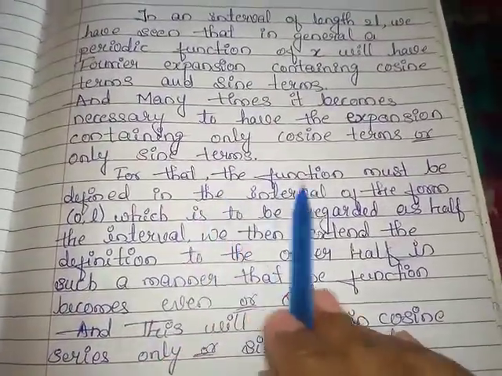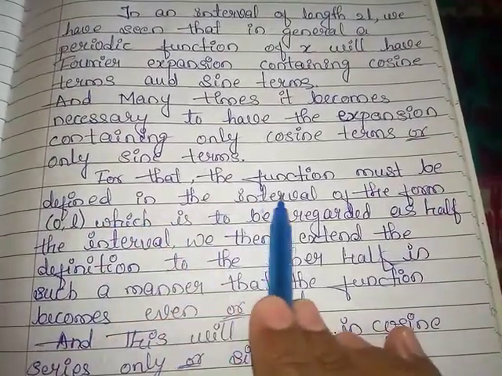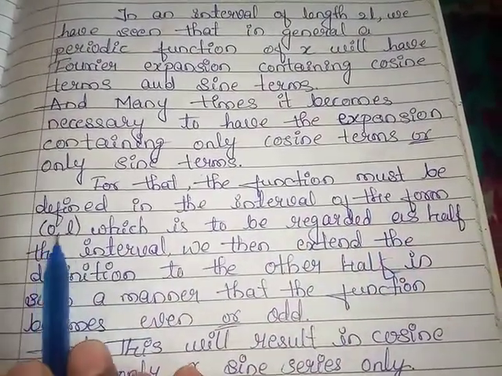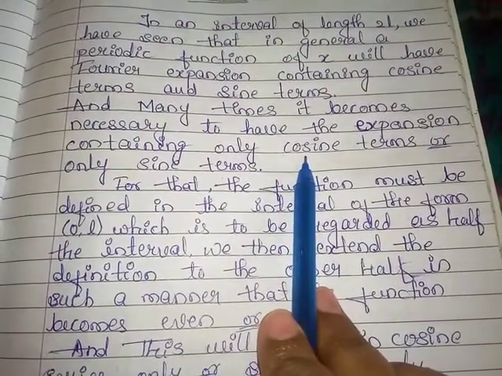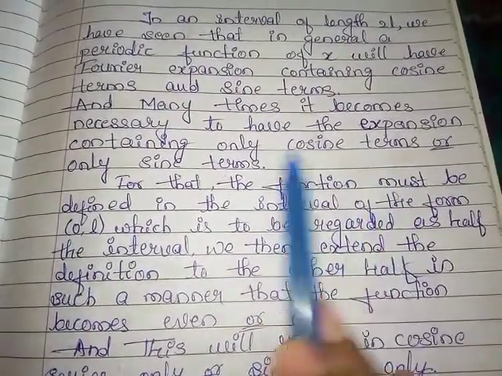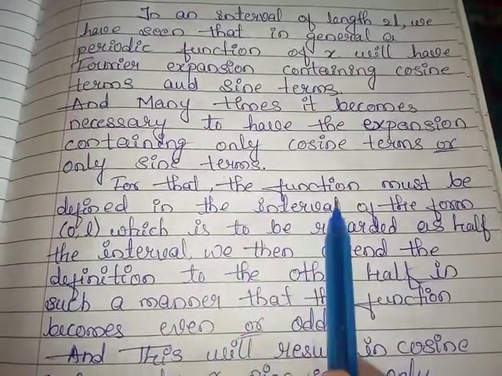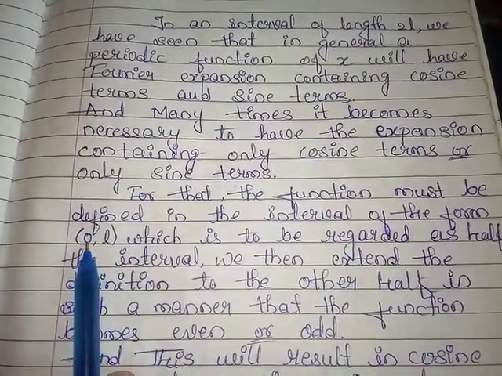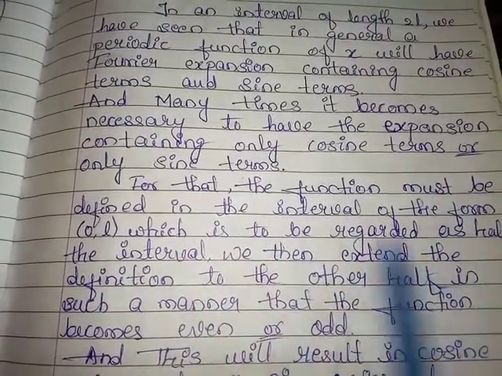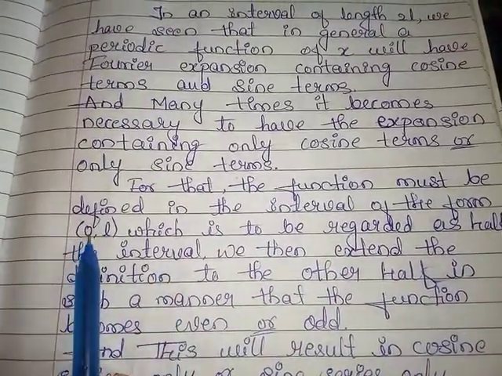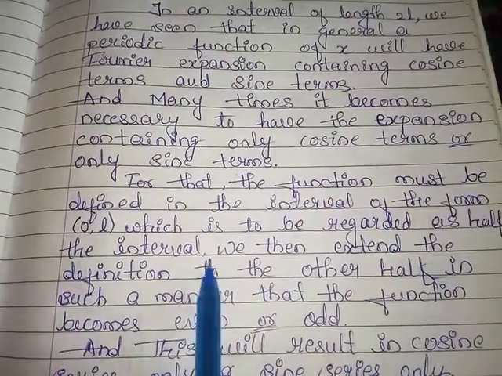For that, the function must be defined in the interval of the form 0, L. To get this expansion, we have to define the function in the interval 0, L, which is to be regarded as a half interval.